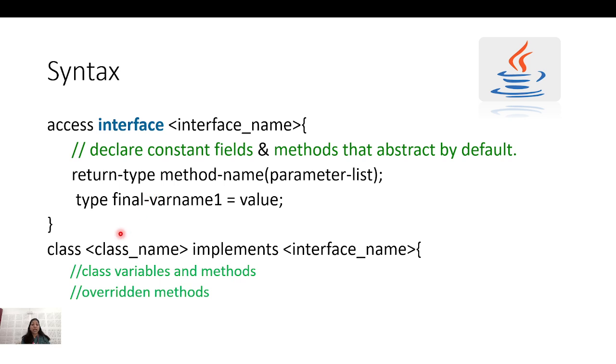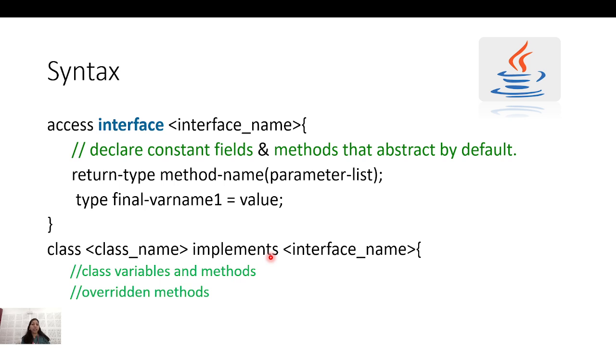Now we will see if I am going to implement that interface in my class, then how I'm going to write that class. Simply class, whatever the class name you are having, then the implements keyword. Normally, if I want to use a particular class in another class, that is in case of inheritance, I will use extends.